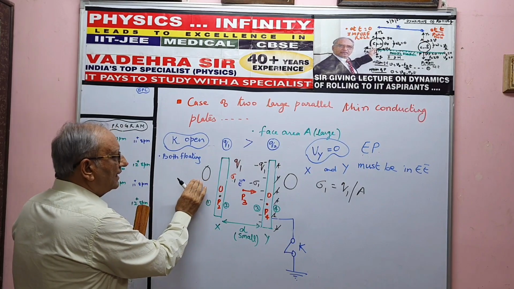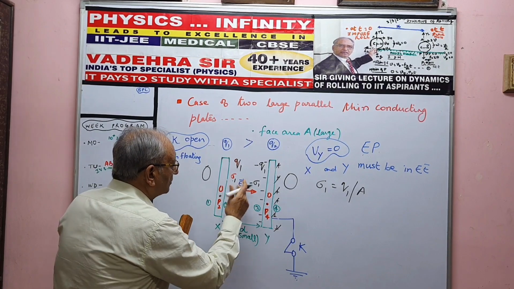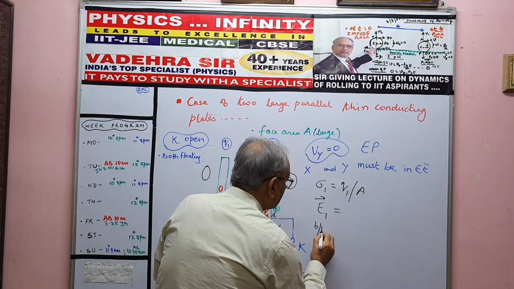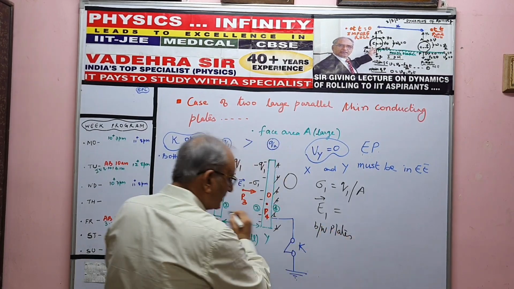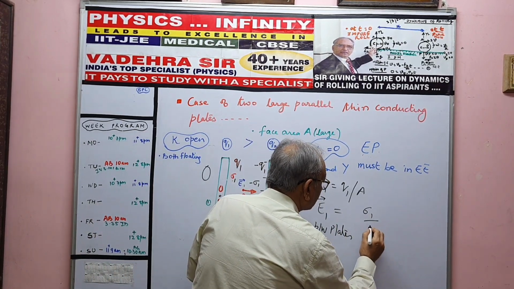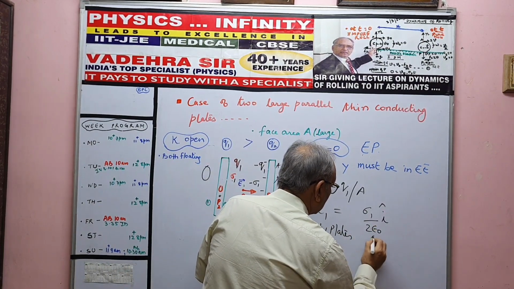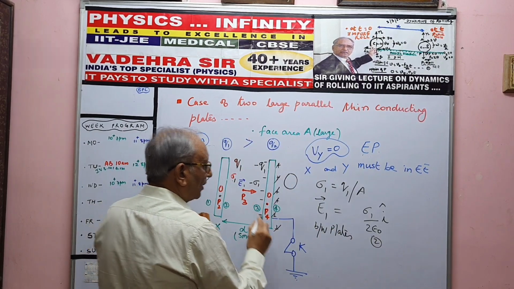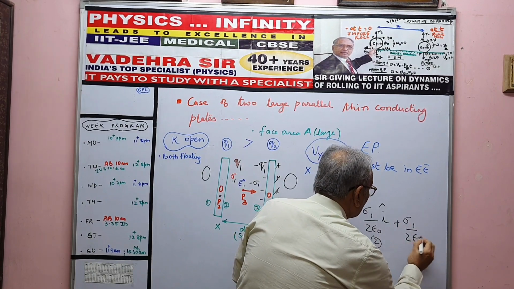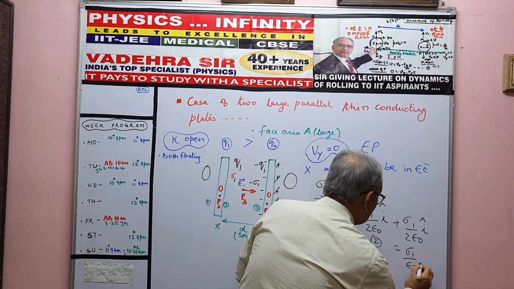Well, once this happens, then the field here is 0, the field here is 0, and the field now is only here. At this point P3 it will become E1 arrow, in the region between the plates, and that will be sigma 1 by 2 epsilon naught, the contribution of face 2, plus sigma 1 by 2 epsilon naught I cap, the contribution of face 3, and that becomes sigma 1 by epsilon naught I cap.